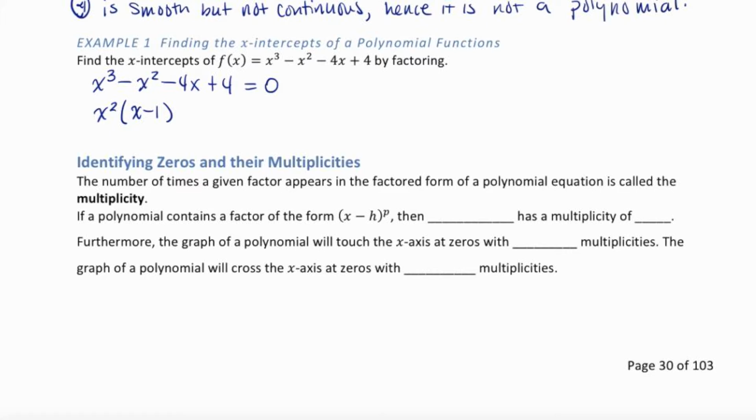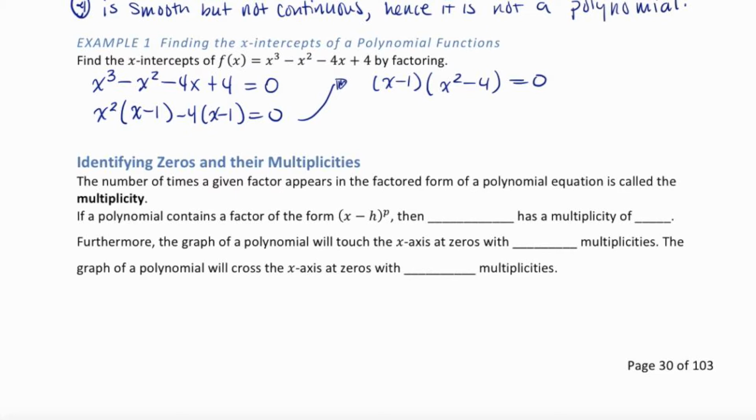If we factor out a negative 4, which they both have in common, we are left with x minus 1. Now we have this one group or term and this second term, and they each have a factor of x minus 1. So we can factor the x minus 1 out, and we're left with x squared minus 4 equals 0.